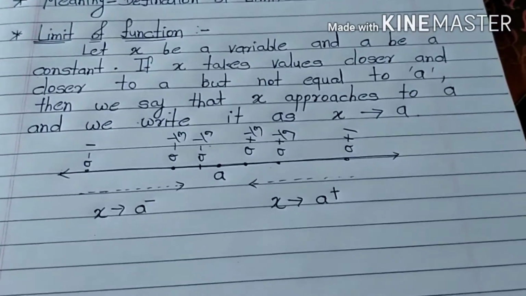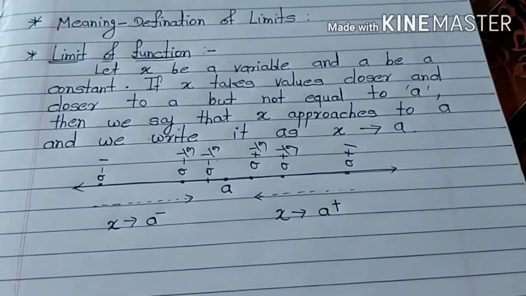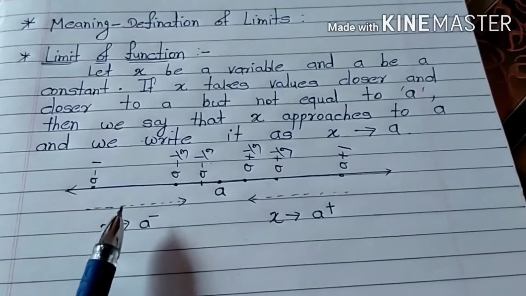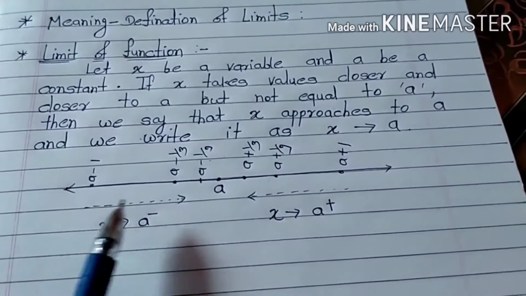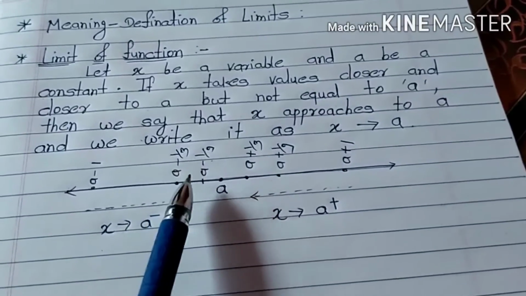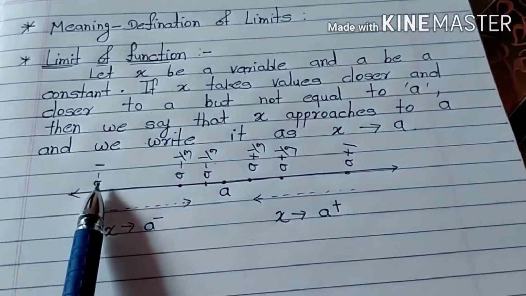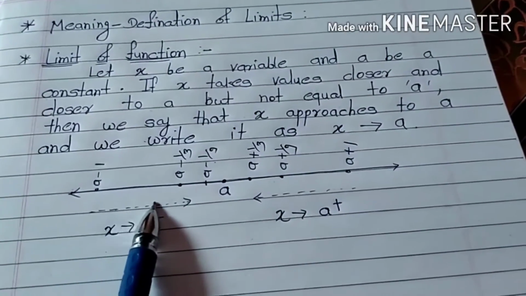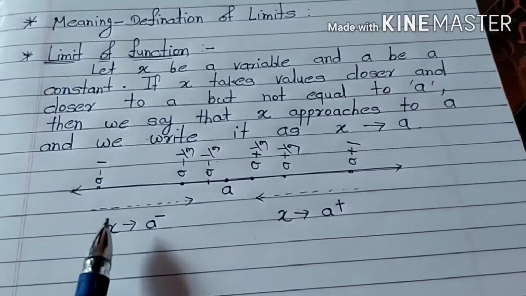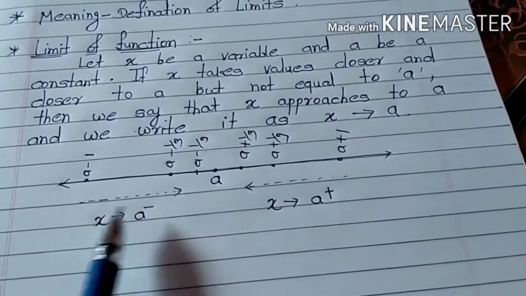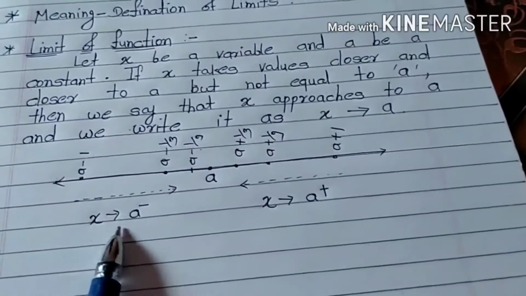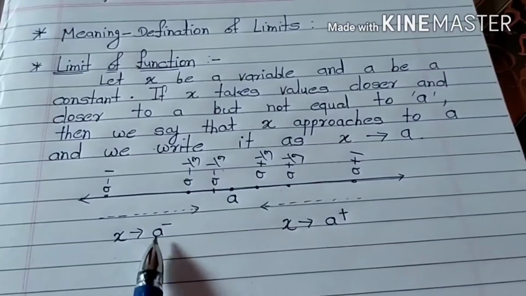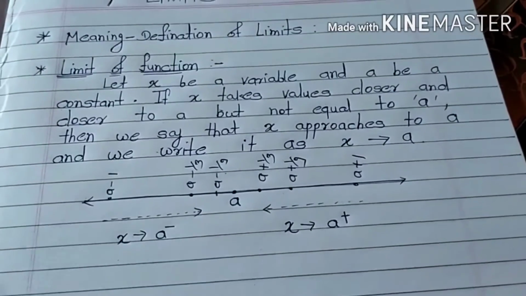The meaning of this is, if x is a variable and a is a constant, and x takes values less than a and approaches a, then we say that x tends to a from the left and we write it as x tends to a minus. When the limit is from the left hand side, we write x tends to a minus.